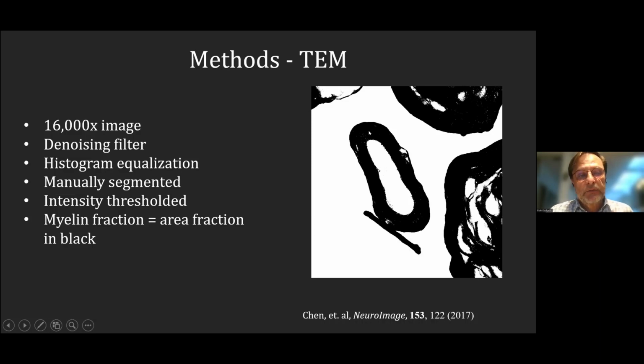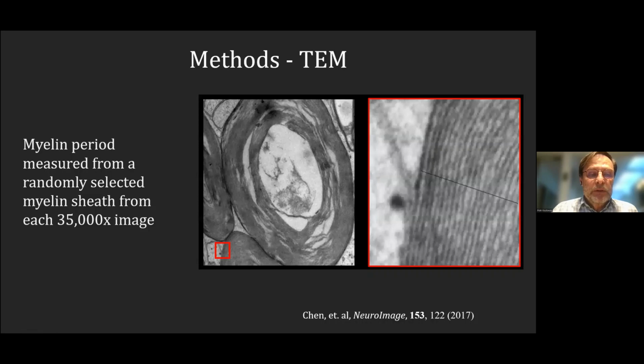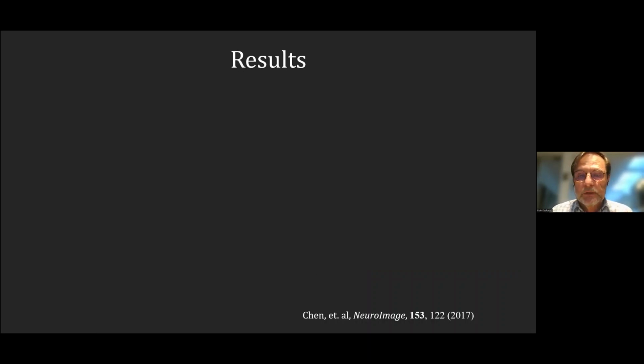So after using some denoising filtering and histogram equalization, we manually segmented the myelin from here. From the higher magnification images, we looked specifically at the myelin period, and that was done at randomly selected myelin sheaths within this area that was imaged.